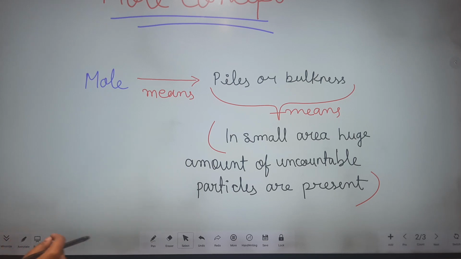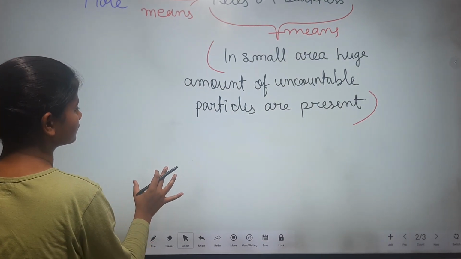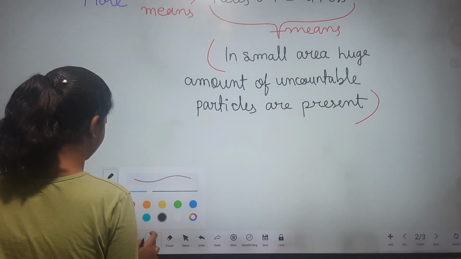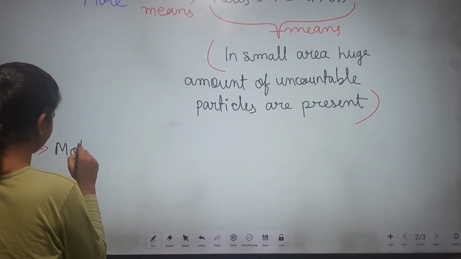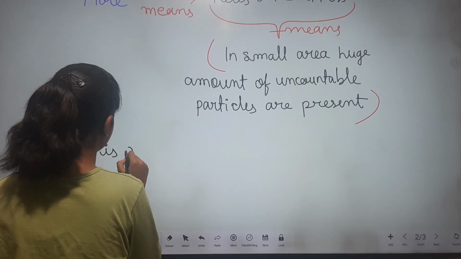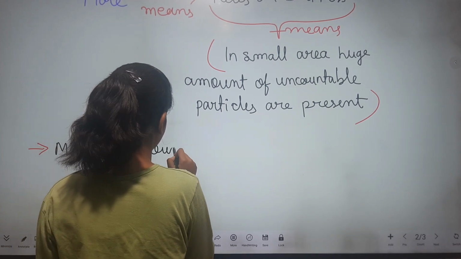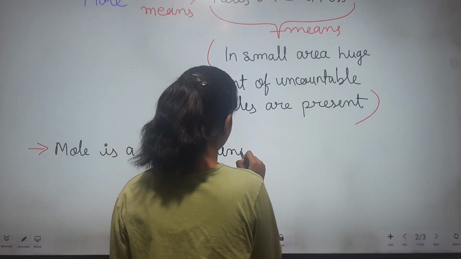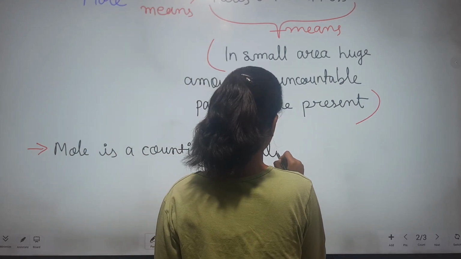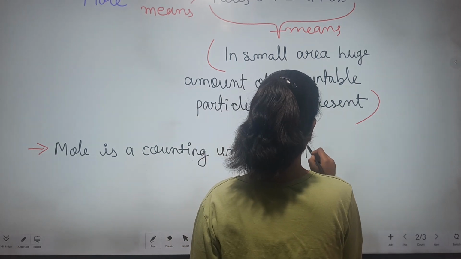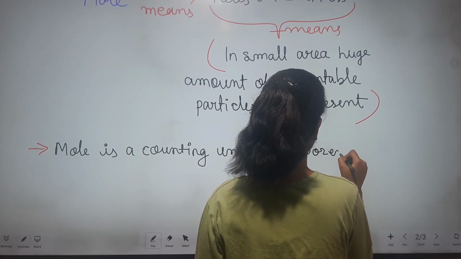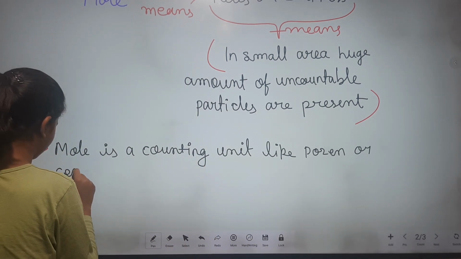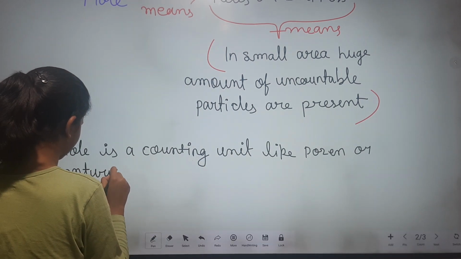So now let's see the definition of the mole. Mole is a counting unit like dozen or century. Okay.